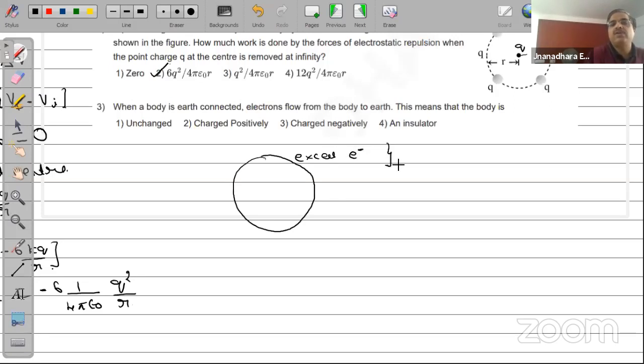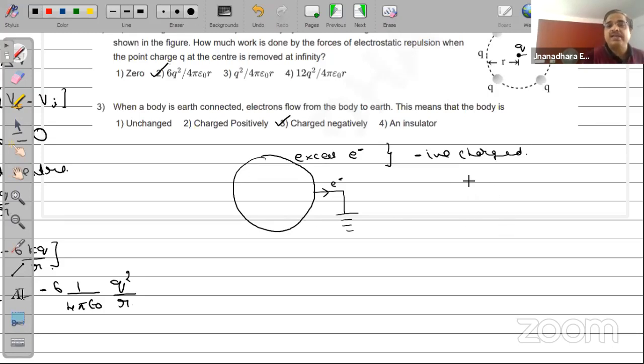Whenever there is excess electron, then it must be negatively charged. Therefore, the option for the third question is that it should be charged negative, because electron is flowing from the body to the earth.